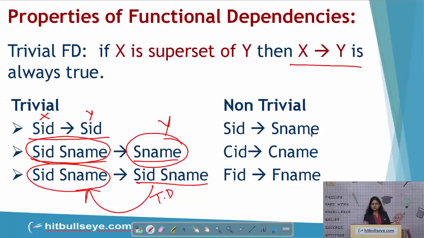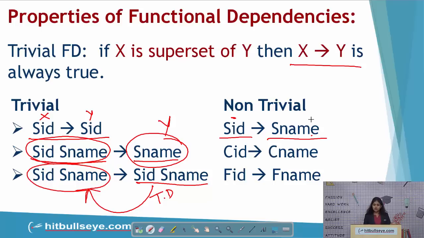If SID goes to S name, in this case, SID is not the superset of S name. So I can say that this is not a trivial functional dependency. CID is not the superset of C name. So this is not a trivial functional dependency.